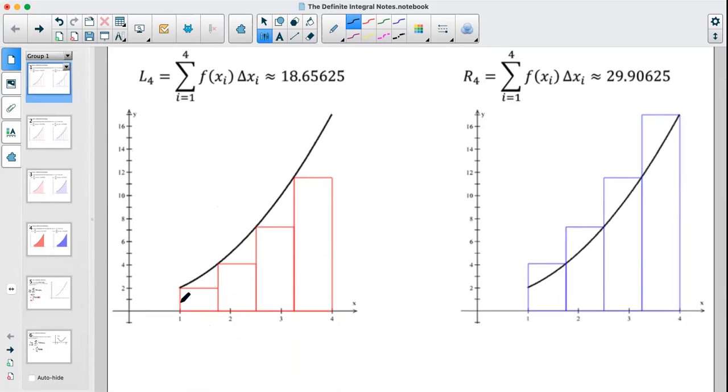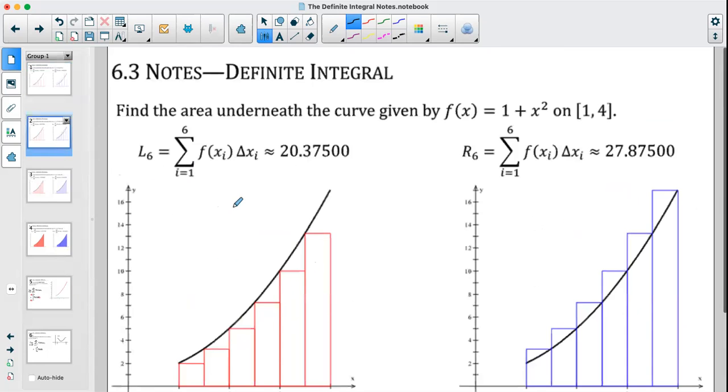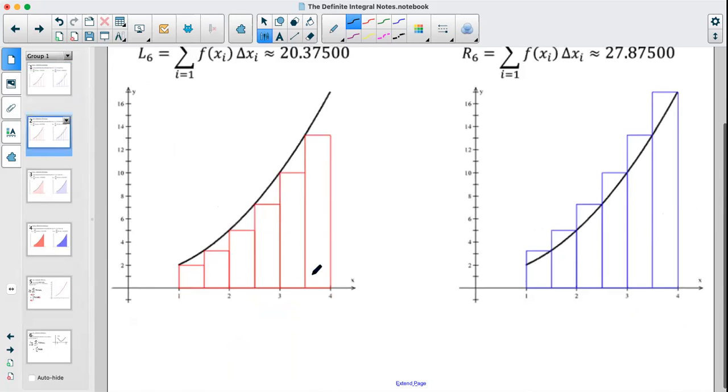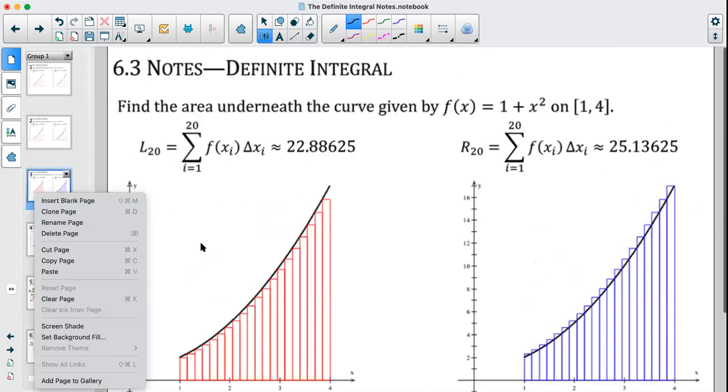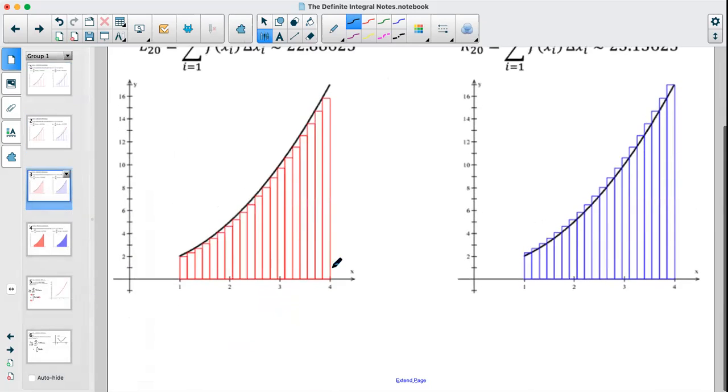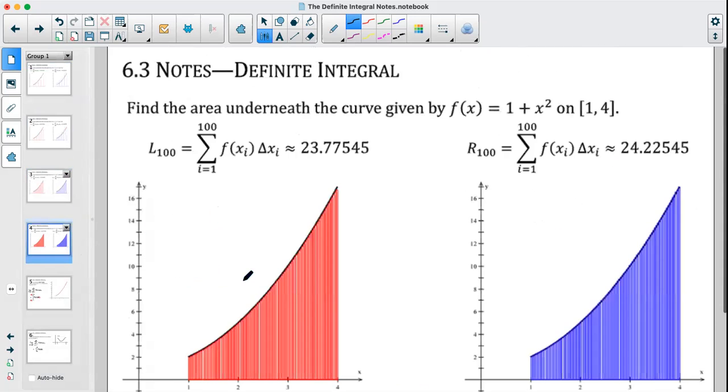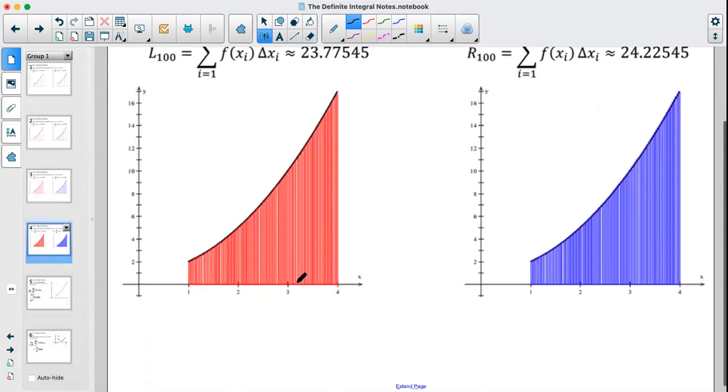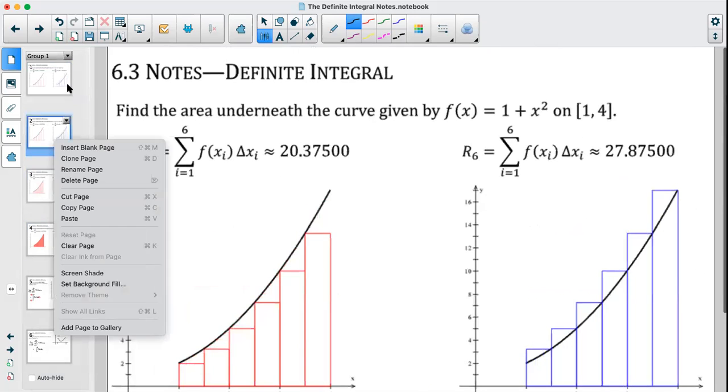There's 3 units, and I divided into 4 pieces, so that's 3/4. Here, each one is 1/2 of a unit long. Here, each one is 3/20ths of a unit long. Here, each is 3/100ths. So you can see that the delta x is getting smaller and smaller, which makes sense. These rectangles are very thin compared to these ones and these ones.